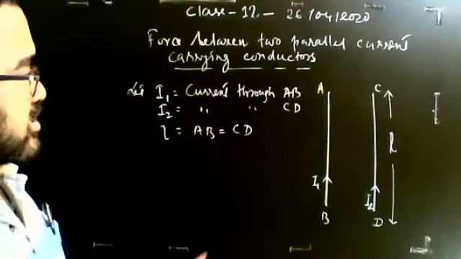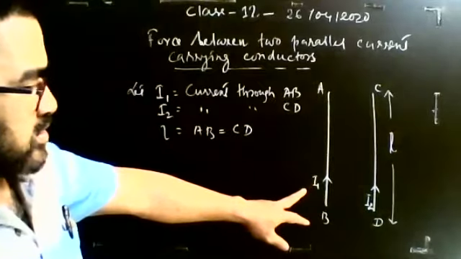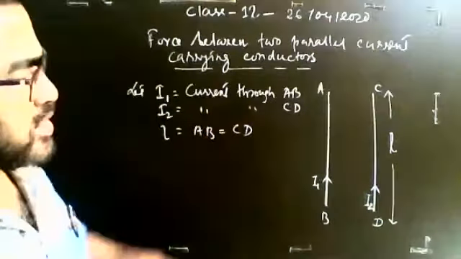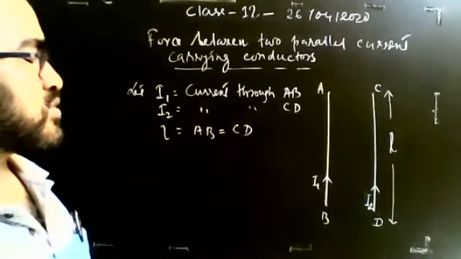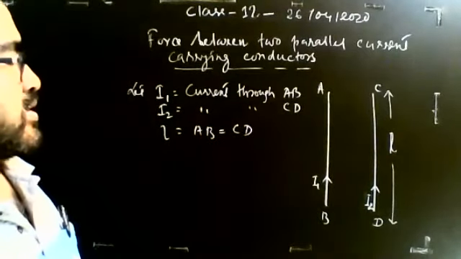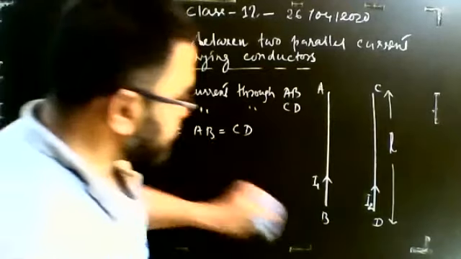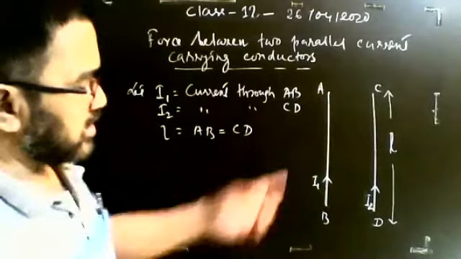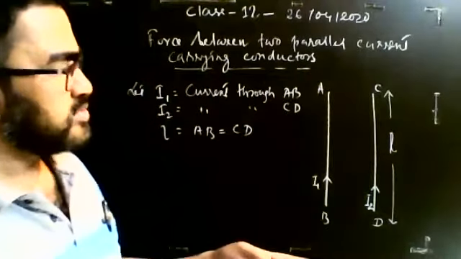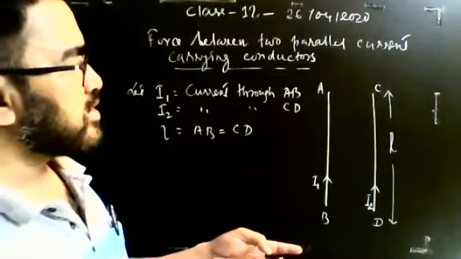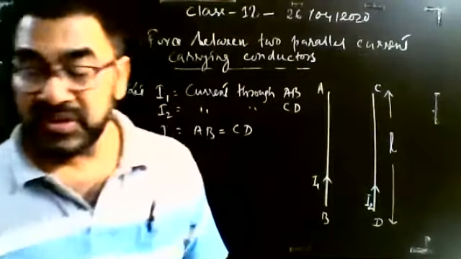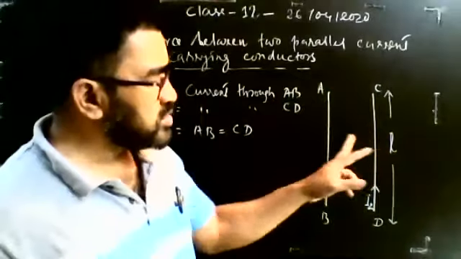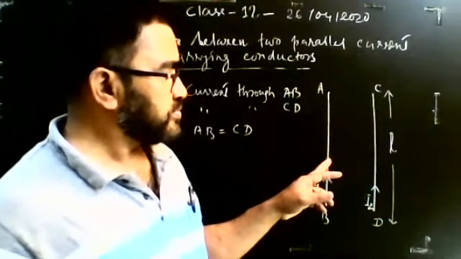The point is that when a conductor is placed within a magnetic field, it experiences some force. And another thing is that when a conductor carries current, it produces a magnetic field. Okay.